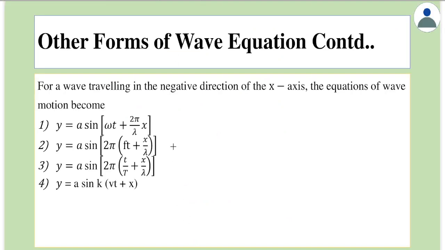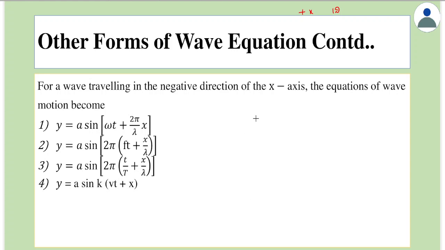In the previous case, we got certain forms of the wave equation. Now those wave equations were true when the wave was assumed to move along the positive x direction. Recall that the whole equation is for a one-dimensional wave, which means the energy moves along only one dimension.